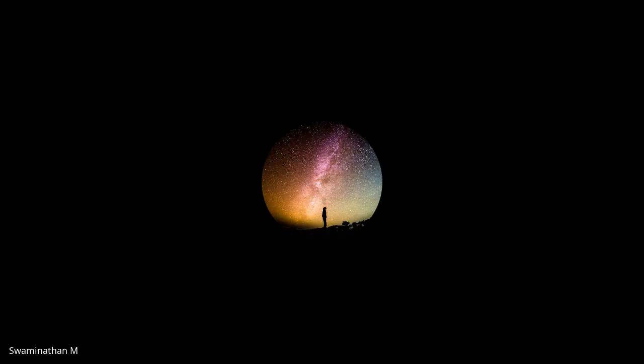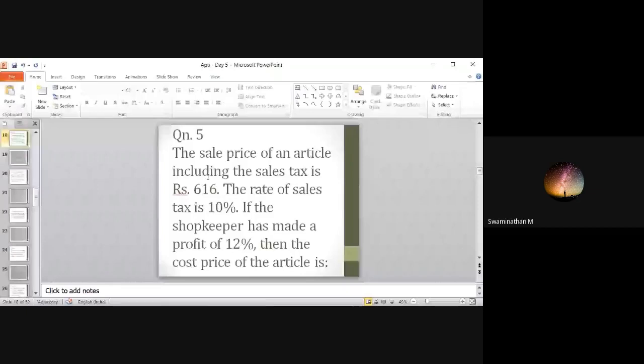I repeat, 616 is the amount with sales tax included. So if the actual selling price is X, it is X into 110% is 616.